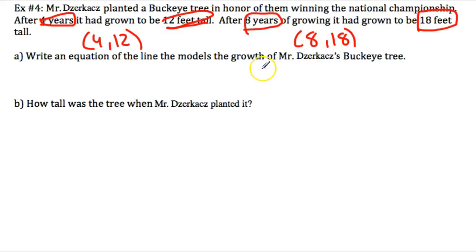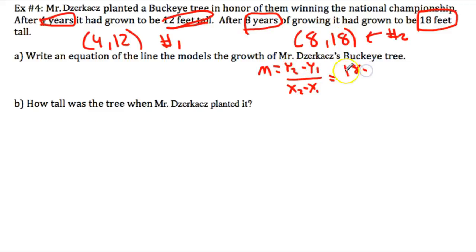So I'll use the slope formula. m equals y2 minus y1 over x2 minus x1. I'll call this one point number 2, and this will be point number 1. So y2, I'll get that from here, 18 minus y1, 12, over x2, 8, minus x1, 4.